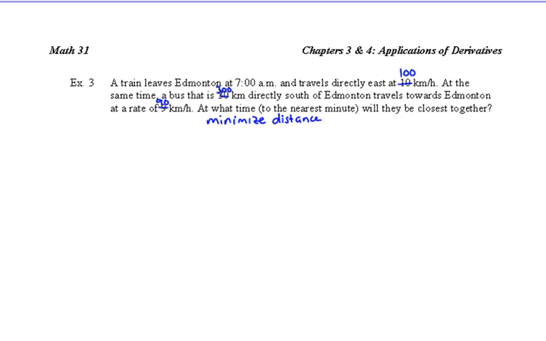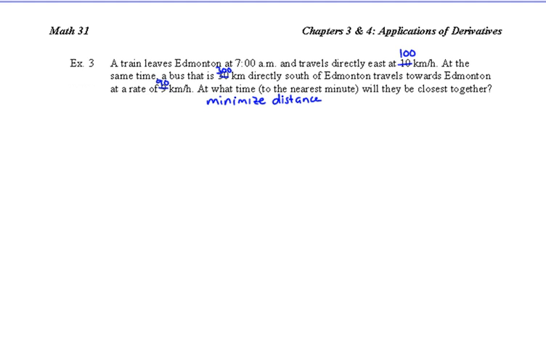Okay, so we have at the very beginning a rate of change. The train is traveling at 100 kilometers per hour. And at the same time, there is a bus. It is traveling 90 towards Edmonton.